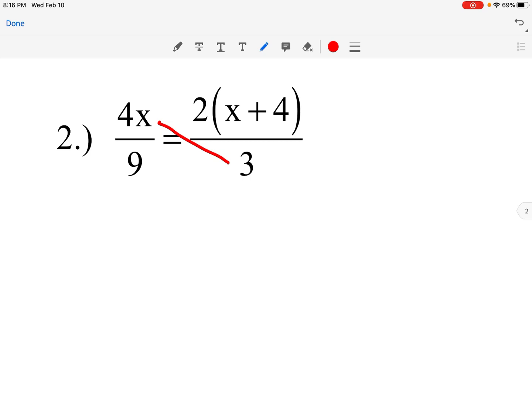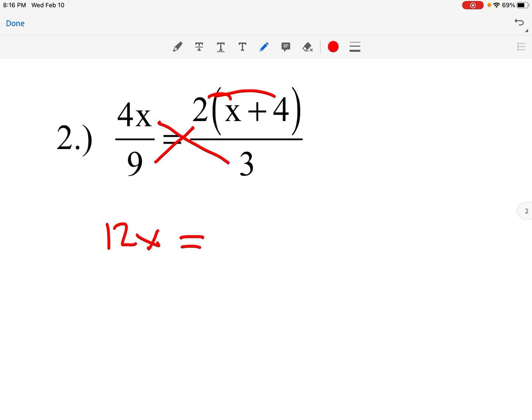So let's do 4x times 3, which is 12x, and then equals, keep the equal sign in the middle, and then 9 times this over here. We can either distribute that 2x before we do the cross multiplication, or let's actually do that. I'm going to rewrite this.